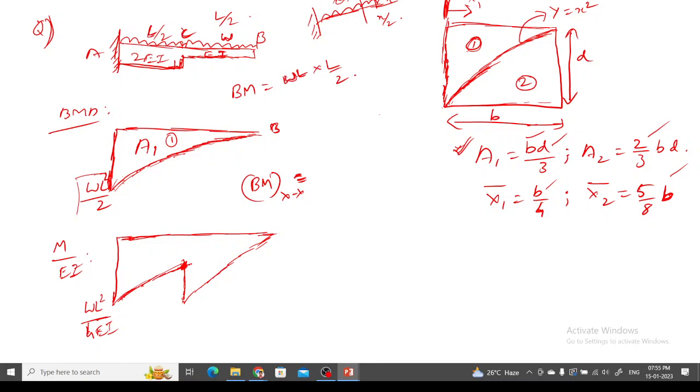W into L by 2 into L by 4, which will be WL square by 8. Yeah, that also you can do. But here it simply turns out to be convenient since I'm calculating at point C, whereas in some other case, calculating the bending moment equation will be a lot more convenient.